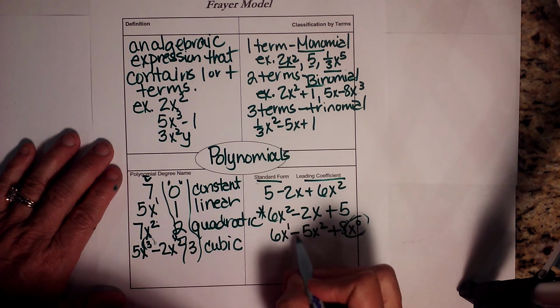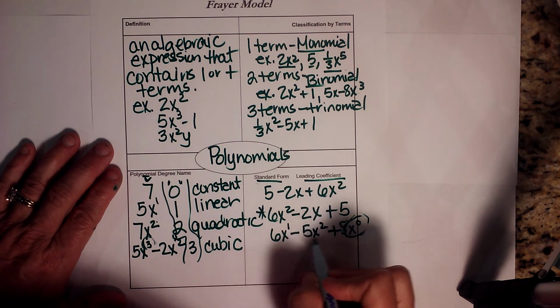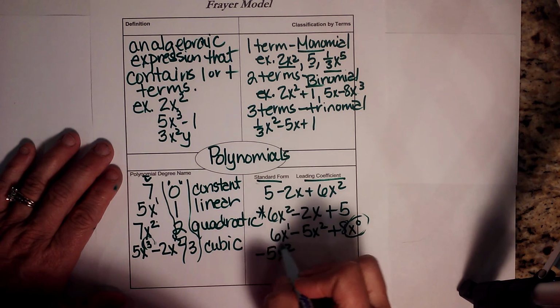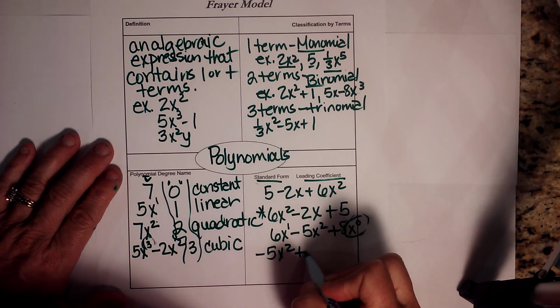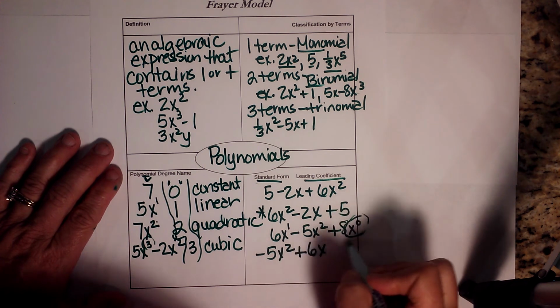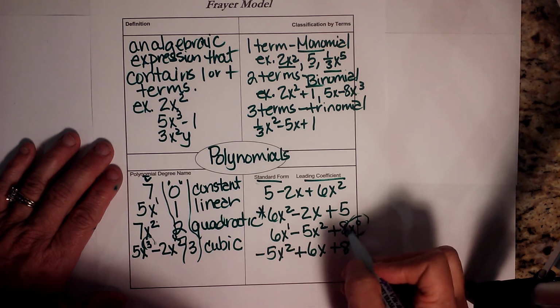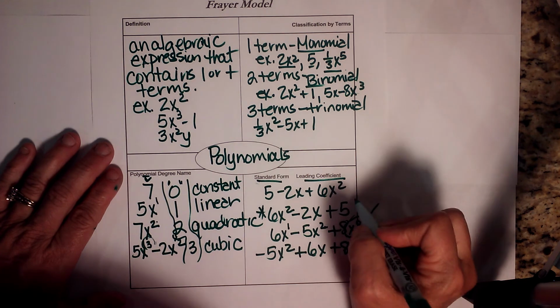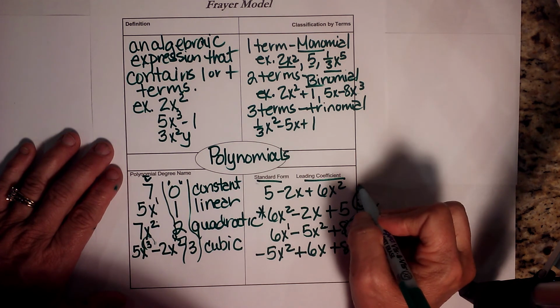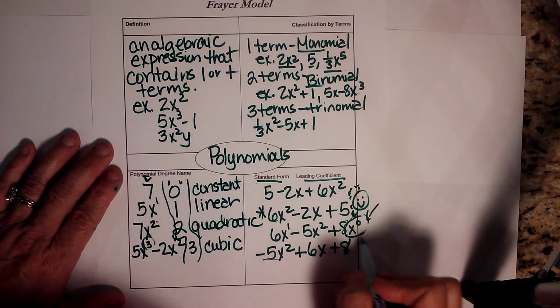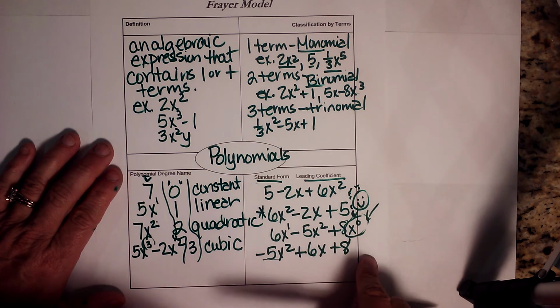You would put this term first, and that negative comes with it because it's a negative 5x squared. Then we bring down that 6x, but it's a positive 6x. And then we bring down that positive 8. We don't worry about writing the x to the 0. We just know. Think in your head. That's like your think bubble, right? That's what you're thinking, that is x to the 0. And that would be in standard form.